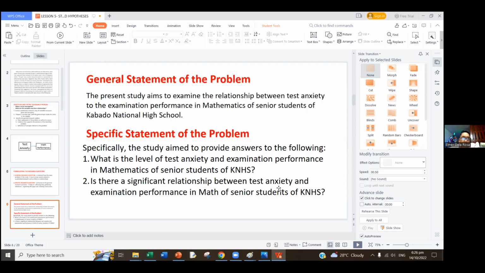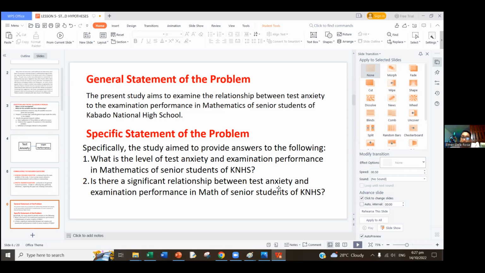So ano daw yung general statement? Examining the relationship between anxiety and exam performance. So with that general statement of the problem, ano yung mga specific statement of the problem? Una, descriptive. Pangalawa, inferential. So the first research question talks about describing the level of test anxiety and examination performance in math of senior students.